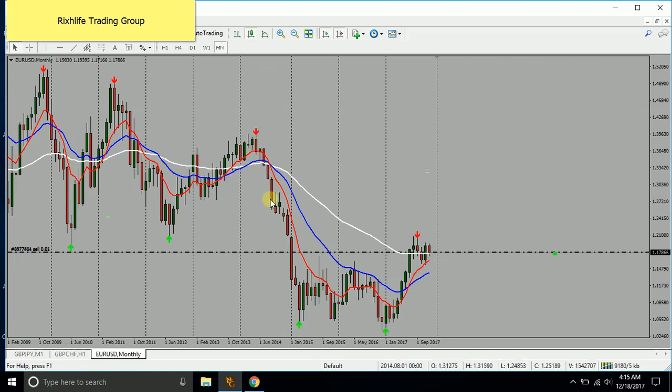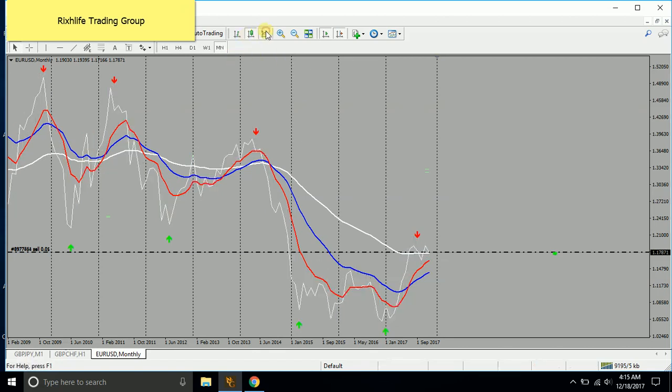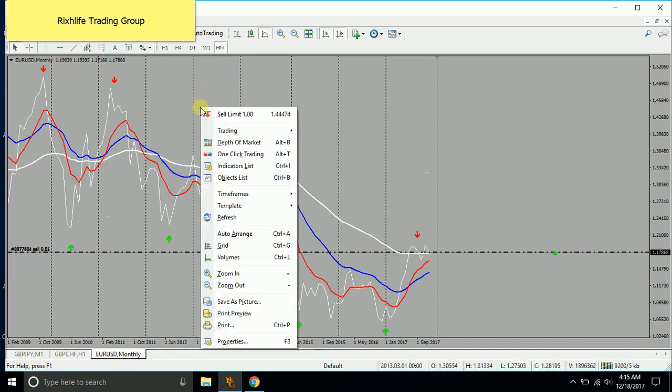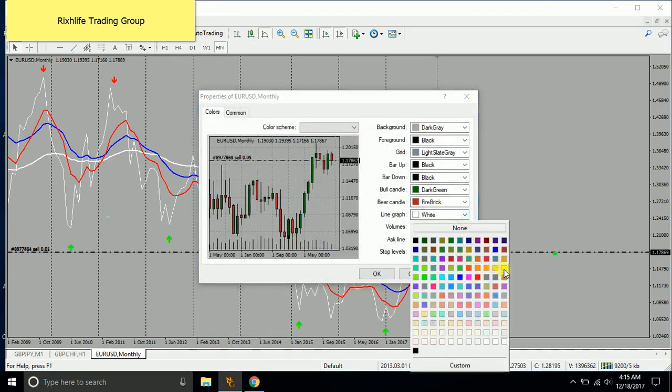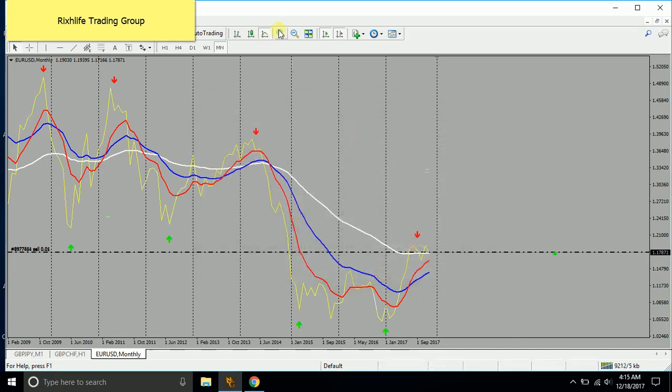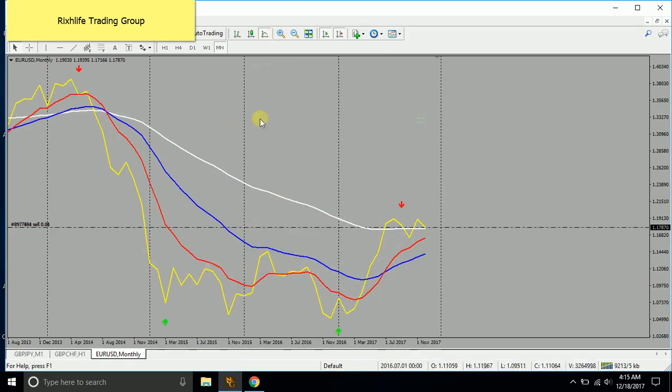Same process every day. I mean, really, you can redo this every single day. Start at the monthly line chart. I want to change my line chart color to yellow. Looking at the line chart here, this is the monthly. I always start on the monthly. It's just the biggest time frame, so that's the biggest picture.